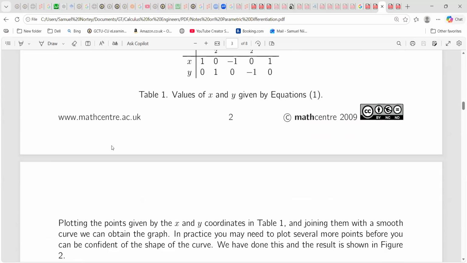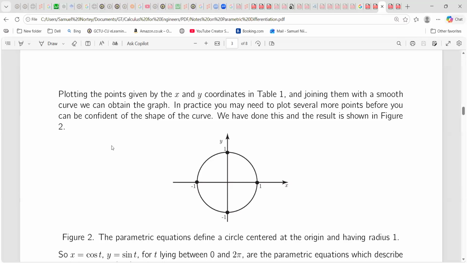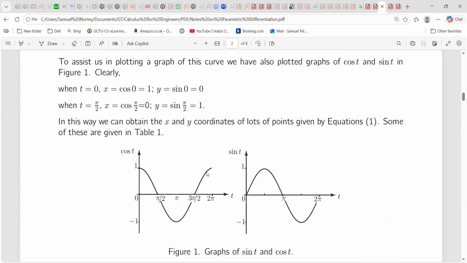Now let's look at the graph. Plotting the points given as x and y coordinates in the table above and joining them with a smooth curve, we obtain the sine curve and the cos curve, which together give us a circle. By looking at the way they oscillate, they virtually complete a cycle.